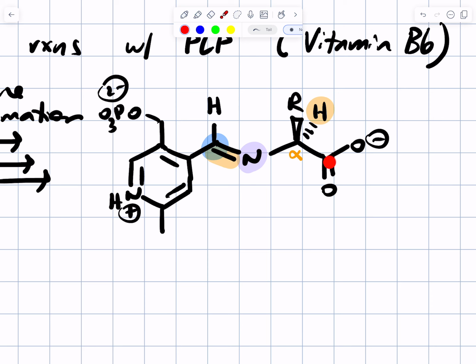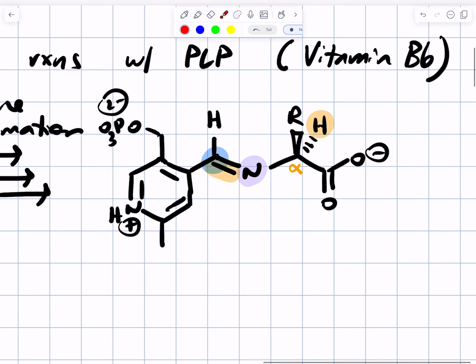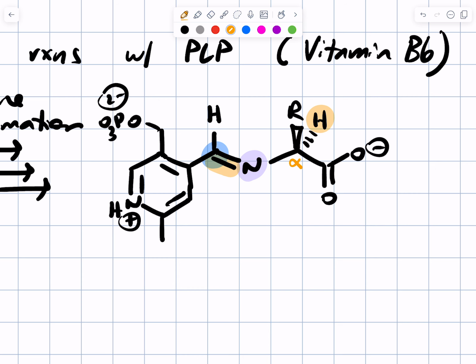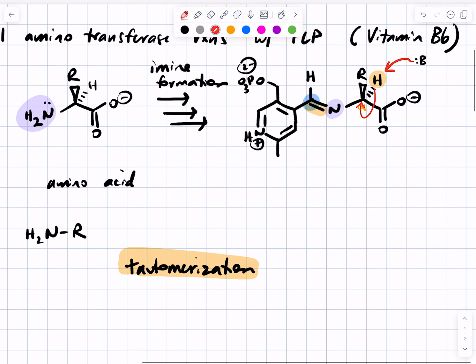Resonance stabilized with the carbon-oxygen pi bond, resonance stabilized with the carbon-nitrogen pi bond. So it's sort of alpha to two carbonyls. So you'd expect that hydrogen to be more acidic than a standard sp3 hybridized carbon-hydrogen bond, and indeed it is. We can remove the hydrogen.